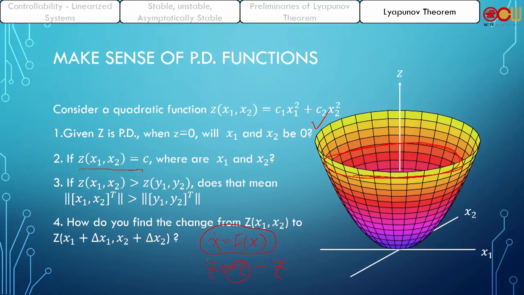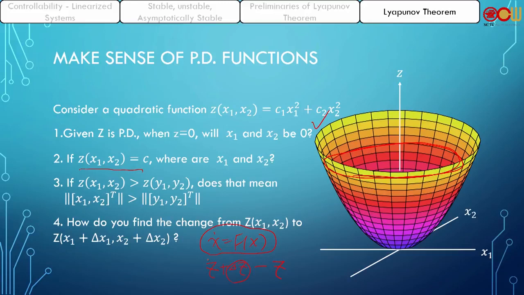We don't need to solve the ODE, but using this ODE, if we can infer the change value of z, and if you are lucky that z will decrease to 0, then you can conclude that at 0, the argument will also be 0, right? And it's asymptotically stable. That's the spirit of the Lyapunov function, which will be discussed later.